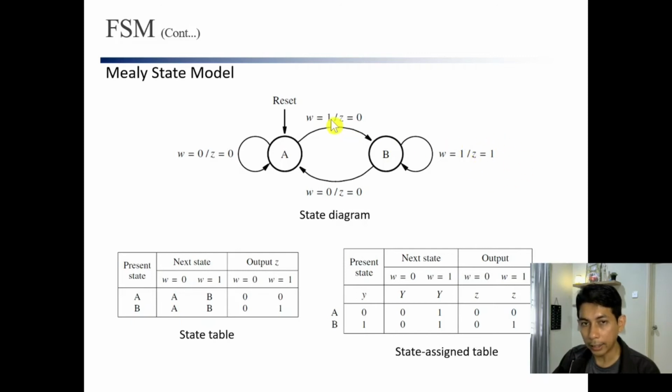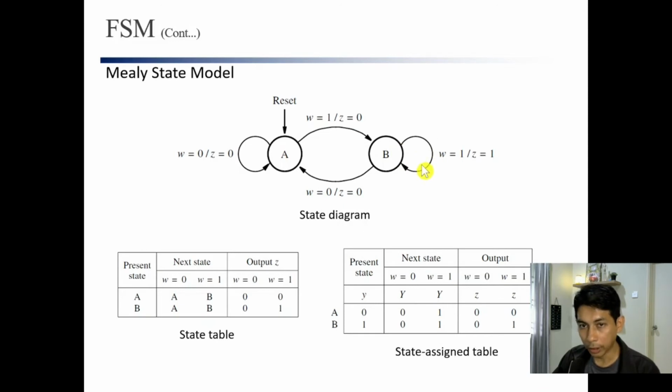So this is two consecutive measurements where we have W equal to 1. All right, 1, 1. So Z equal to 1 already, at the transition from B.